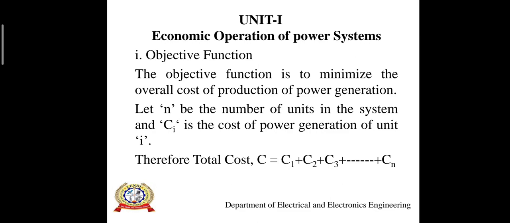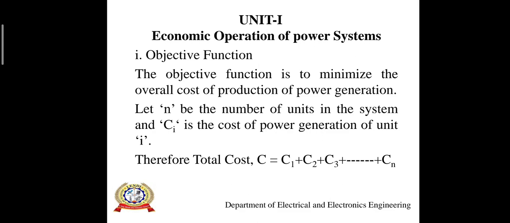Let n be the number of units in the system and Ci the cost of power generation of unit i. Then the total cost becomes C equal to C1 plus C2 plus C3 and so on up to Cn, because here we are taking n number of units.